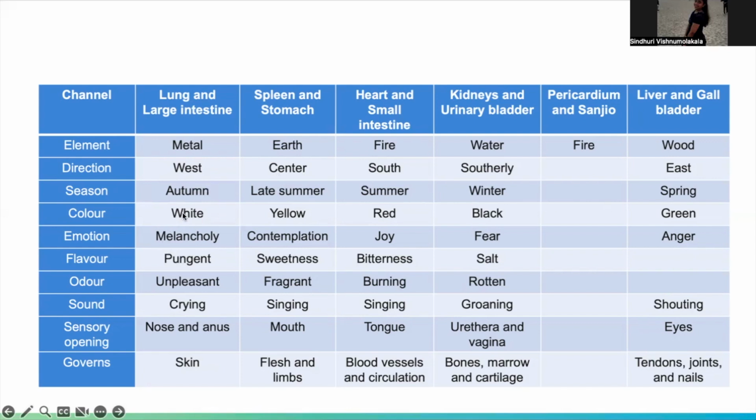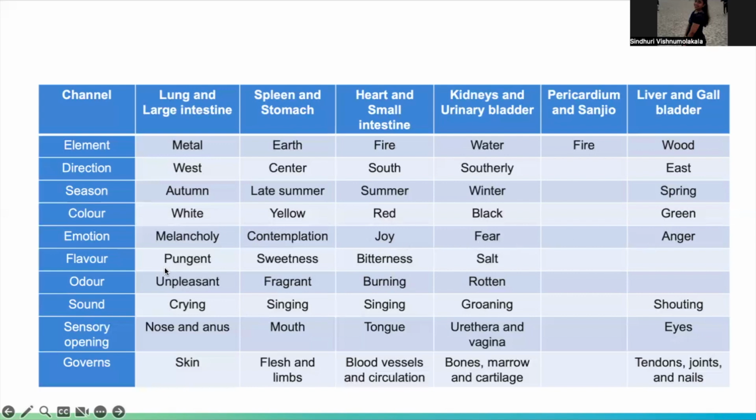The large intestine represents the color white, spleen and stomach represent yellow, heart and small intestine represent red, kidneys and urinary bladder represent black, liver and gallbladder represent green. And the emotions related are melancholy, contemplation, joy, fear, anger.